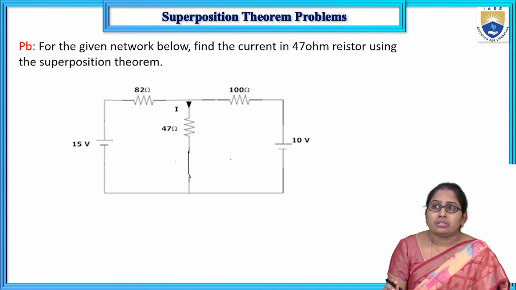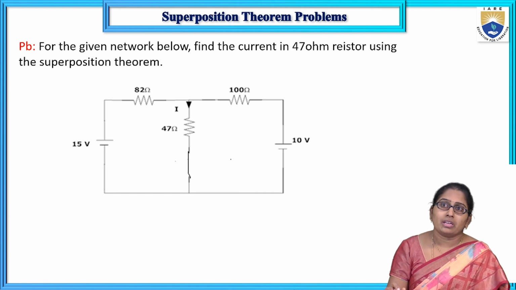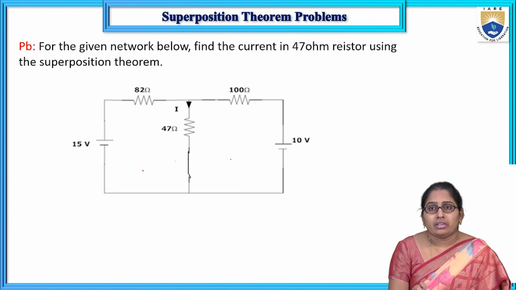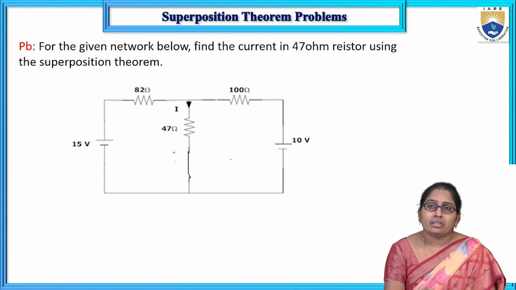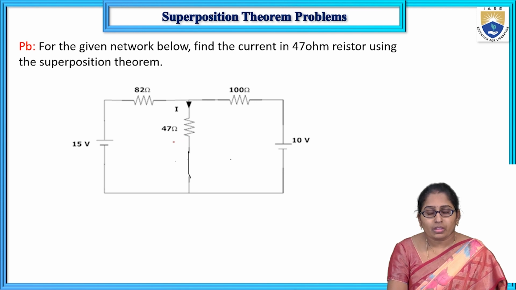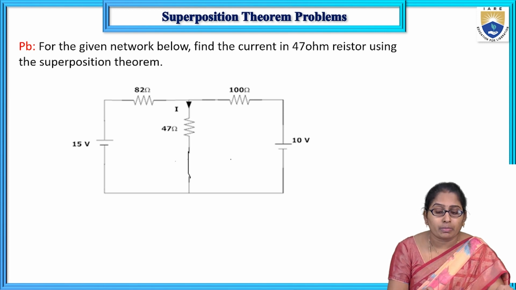This circuit also has only two voltage sources, and the elements are 82 ohm, 100 ohm, and 47 ohm. The question is, for this network, find the current in this 47 ohm resistor using the superposition theorem.